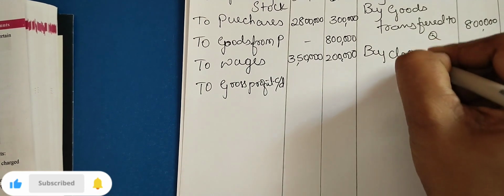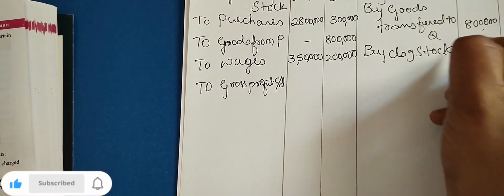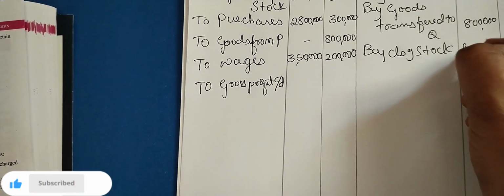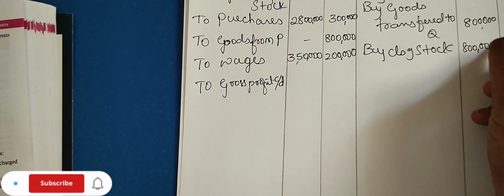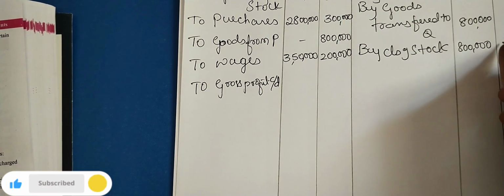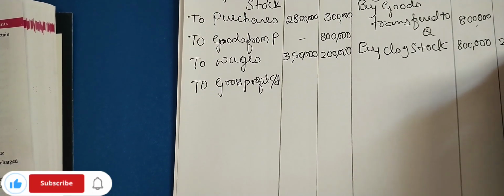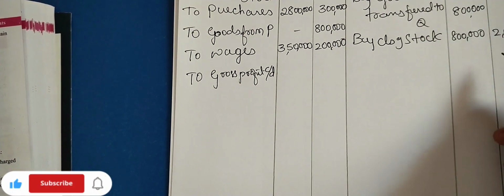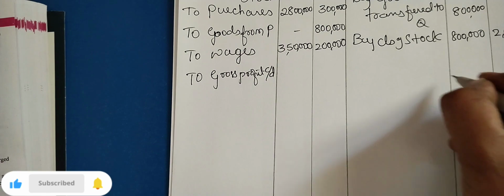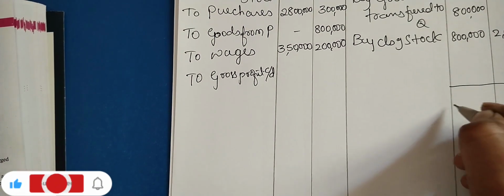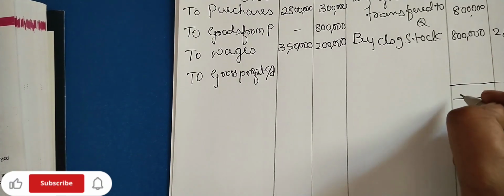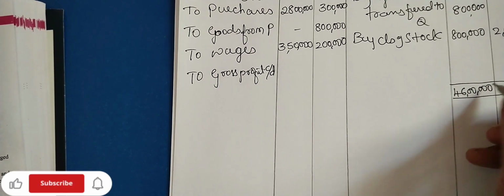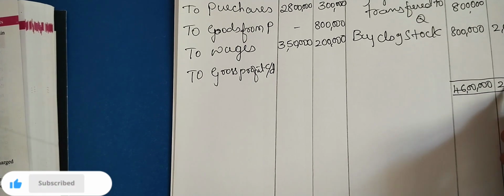By closing stock, the amount is 8 lakh and 2 lakh 9,000. Total 46 lakh, and here 22 lakh 9,000.